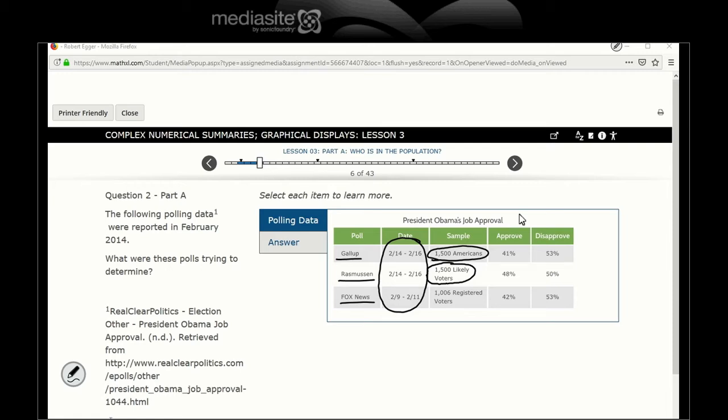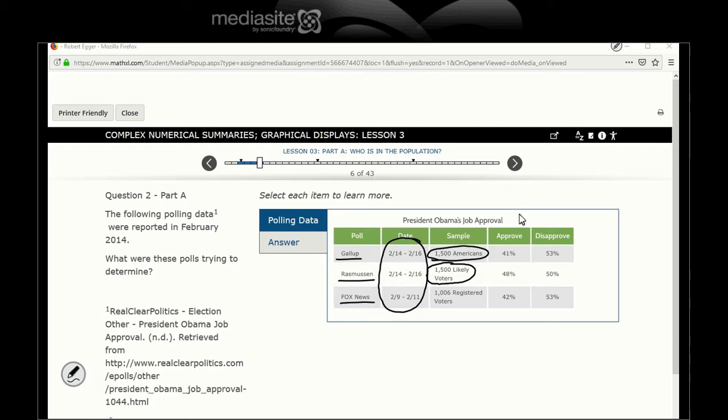but of likely voters. So obviously Gallup just went to a phone book and somehow through a statistical method got 1,500 Americans. Rasmussen probably got their hands on some voting information and identified 1,500 people who have voted.